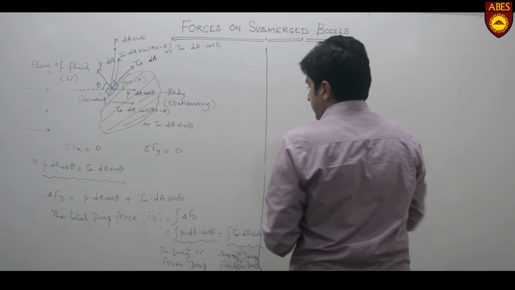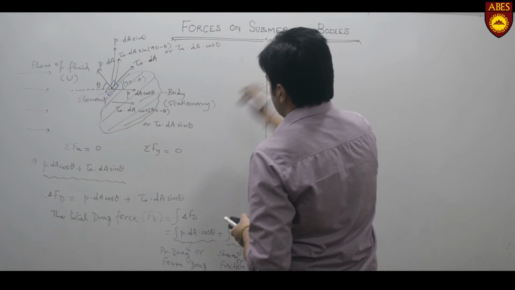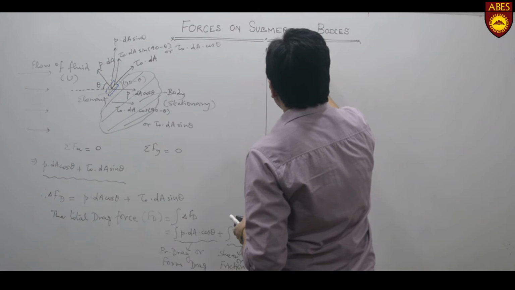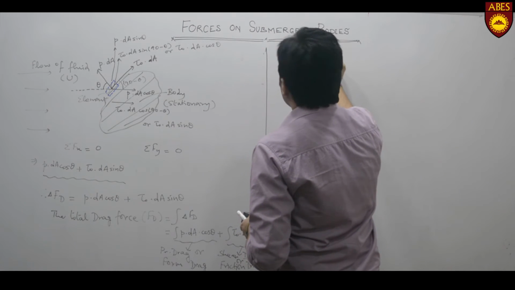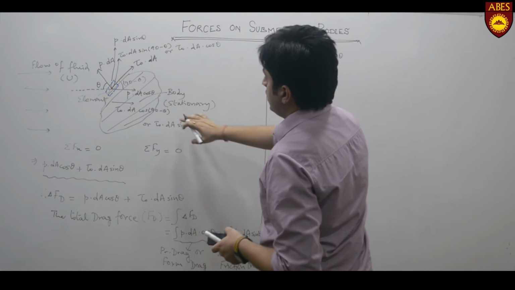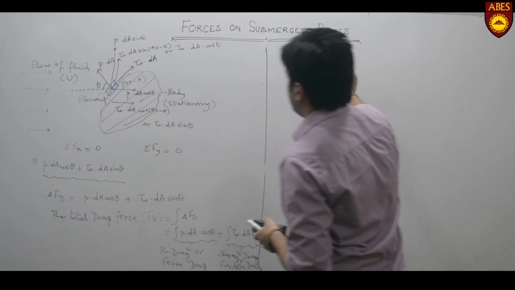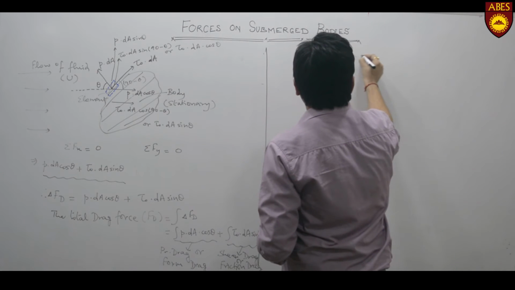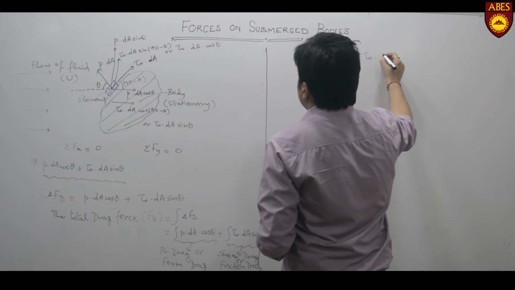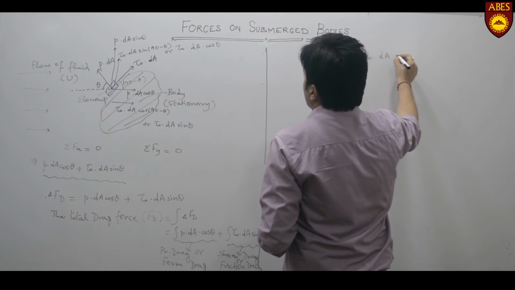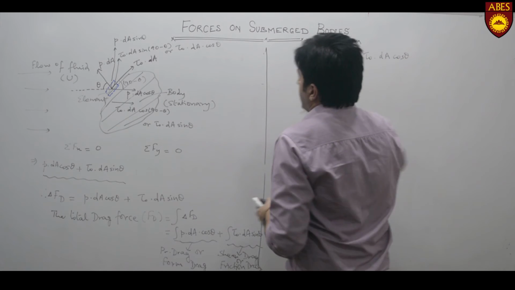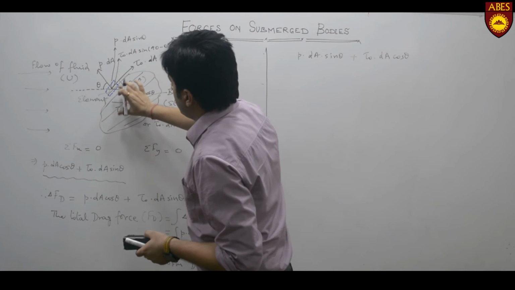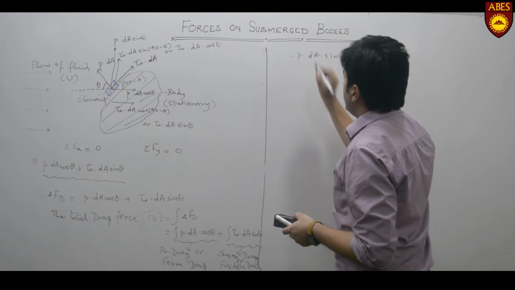For the lift force, we write summation F_y is equal to 0. In the y direction, the forces are first P dA sin theta, and second tau naught dA cos theta. But as you see here, this one is away from the element or the body, so it is a negative component of the force.